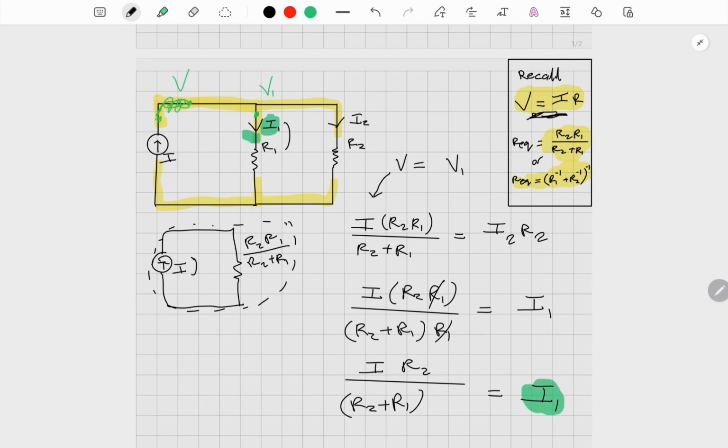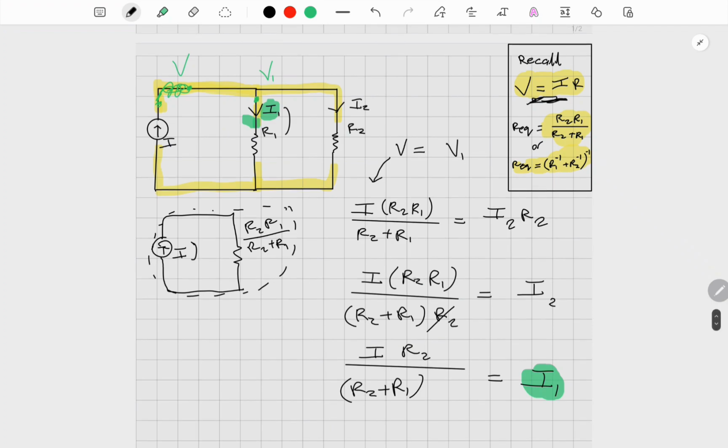I replace this with I2 and R2, and my R2 cancels, and my equation is this if I want I2. So it's just the resistor that gets changed on the top.